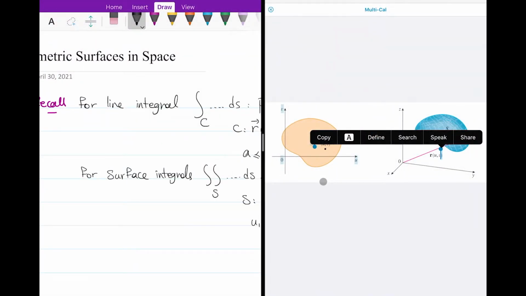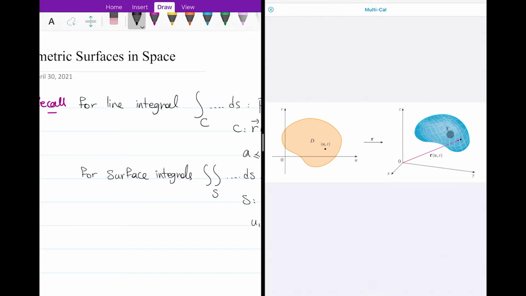As you see, I have a uv plane and then I have a region D. Any point u and v that I choose in the region D, using the vector function r, gets mapped to a point in the surface S. That's how I parameterize the surface S, which basically has 3 variables, right?